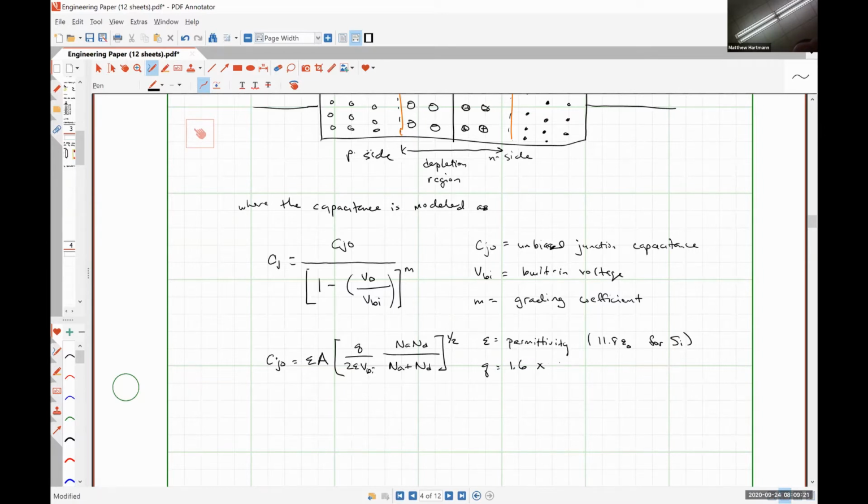Q is simply the charge of a proton, 1.6 times 10 to the negative 19 coulombs.